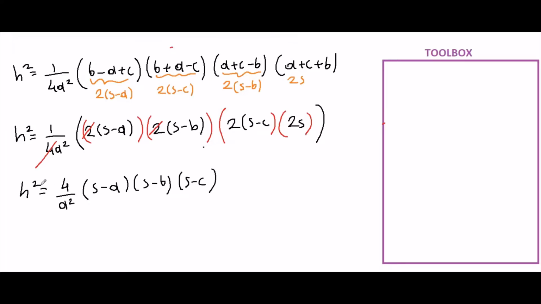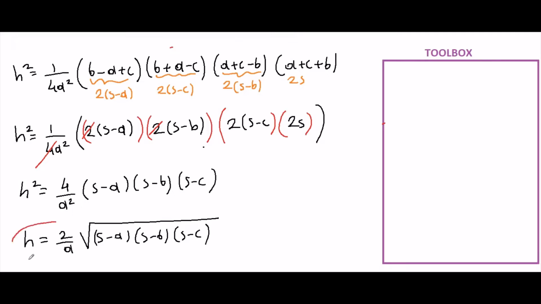Now we can take the square root on both sides. So h is equal to 2 over a, times the square root of s(s minus a)(s minus b)(s minus c). So this is the height in terms of a, b, c, and s.